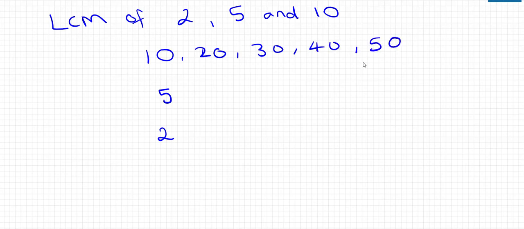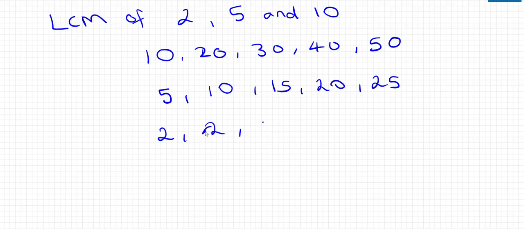Now I might stop there because 2 is a smaller number, and maybe that will be enough to see a common multiple between all of them. Now multiples of 5: 5, 10, 15, 20, 25, and multiples of 2: 2, 4, 6, 8, and 10.